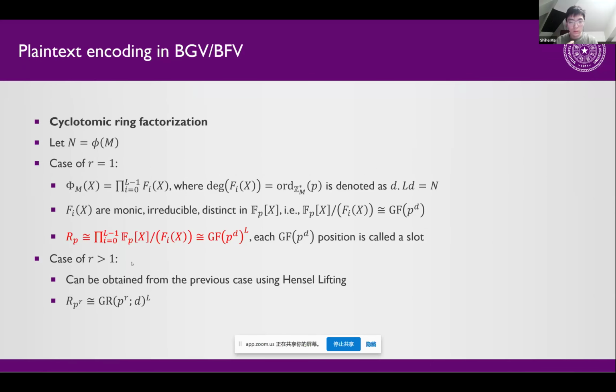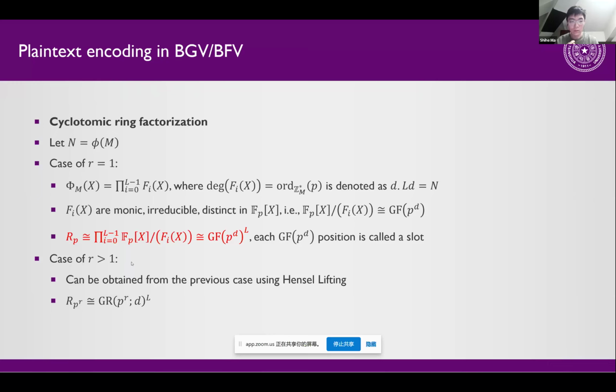And to derive such a plaintext space structure, we can use the factorization of the cyclotomic ring. We know that the cyclotomic polynomial Φ_m(x) factors into L monic irreducible distinct factors F_i(x) modulo p when the plaintext modulus is just a prime p, and these factors F_i(x) have the same degree d.